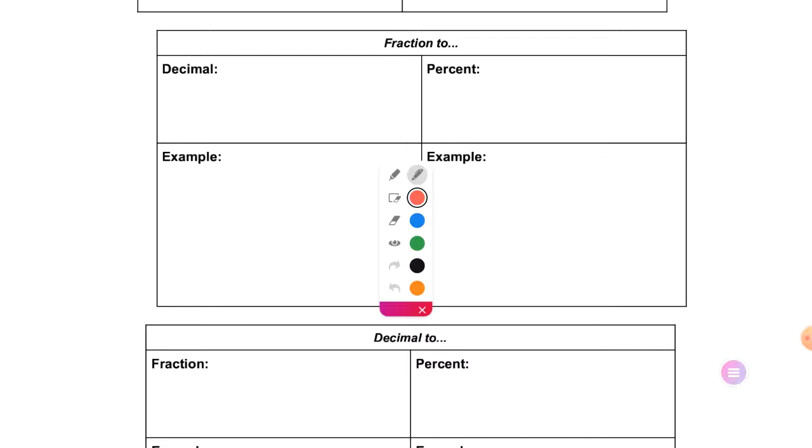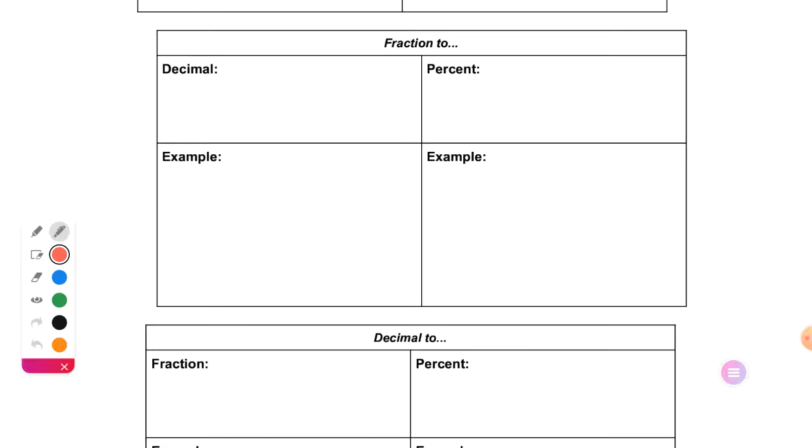Okay, Maddox says divide it out. That way works all the time, so I'm going to write it. Numerator divided by denominator. Again, that works every single time, but it's not always the easiest.